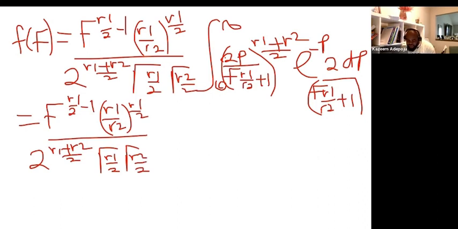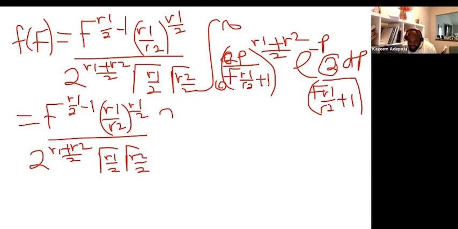Here there's a 2. If you take a look at 2 raised to the power 1 here, there's another 2 here raised to that power. When you look at the 2 raised to this power, and there's another 2 here, we can actually pull them together.